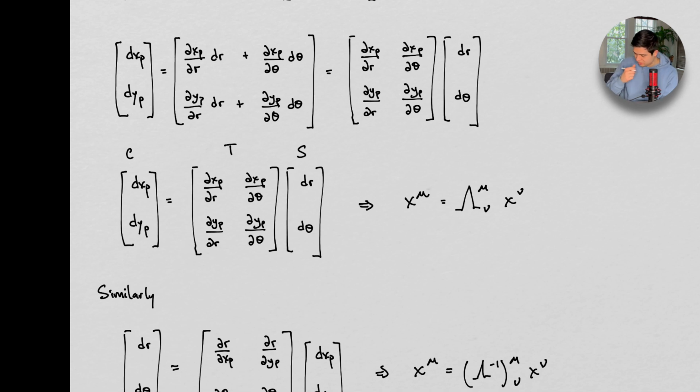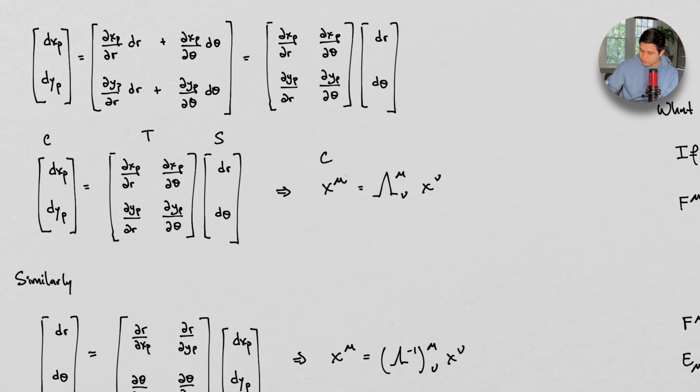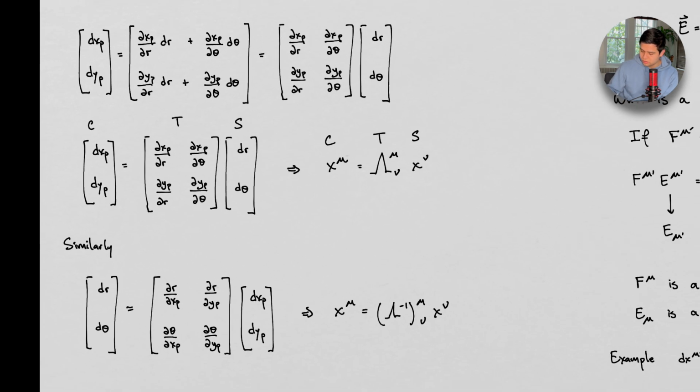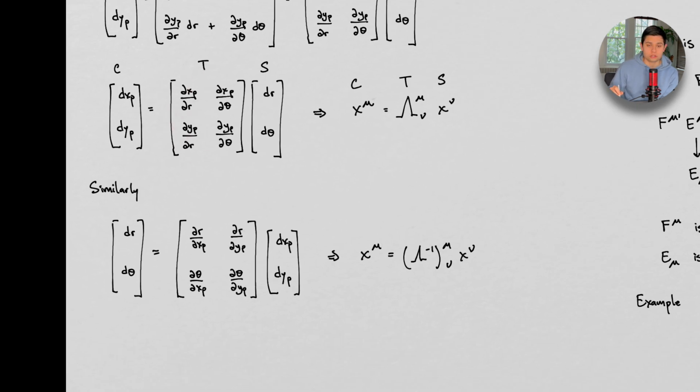Okay, so this means that in our Cartesian coordinate system and our spherical coordinate system, we have a transformation, and that transformation is given to us by this matrix. Okay? Roughly speaking, we can call this the Jacobian, and we'll talk more about it later. So similarly, we can do this, right? We can say, well, the relationship, if we want the spherical coordinates on this side of the equation, the Cartesian coordinates on this side, this is what the transformation looks like.